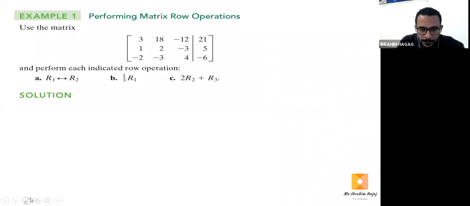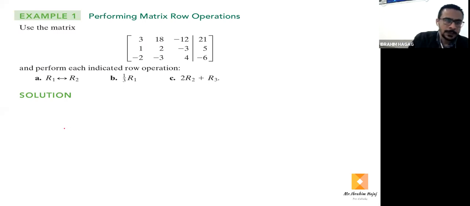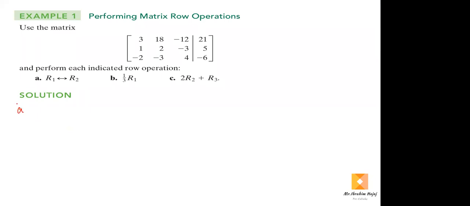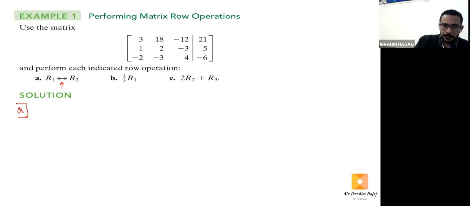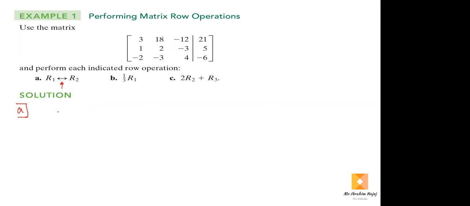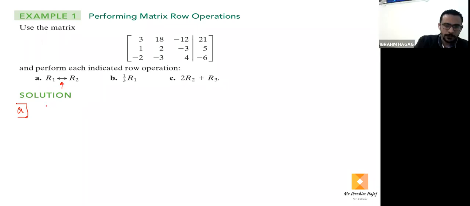Let's see here, guys, how to solve this question. Performing matrix operations. Use the matrix shown below, 3, 1, -2, 18, 2, -3, and perform each indicated row operation. Let's start first with letter A. Pay attention, please. In letter A, this means I'm going to interchange row 1 and row 2. You just put row 2 in place of row 1, and row 1 in place of row 2.